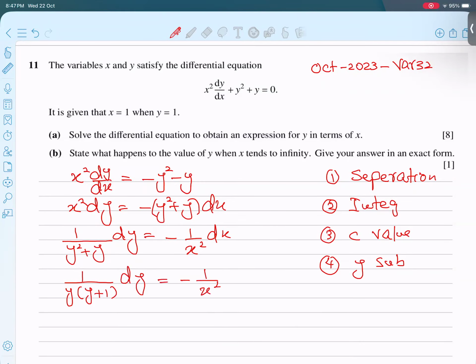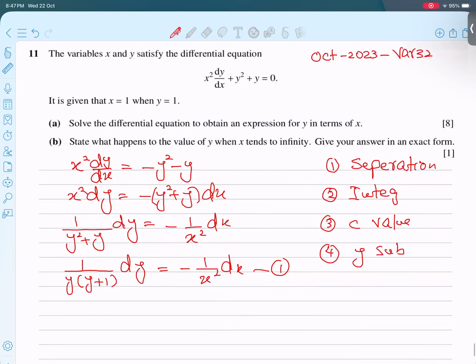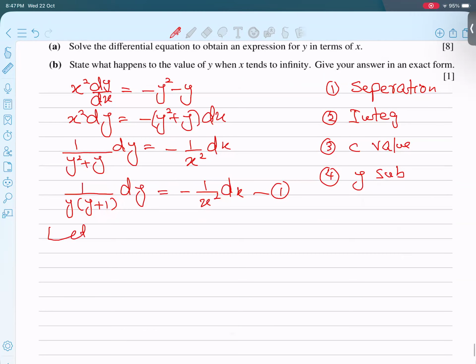I hope this is clear. I'll call this equation number 1. Now I'm assuming the partial fraction: let 1 over y times 2y plus 1 equal A over the first y plus B over the second y plus 1. Then multiply throughout.